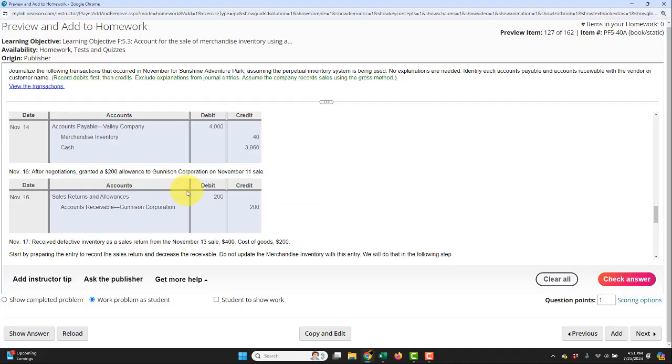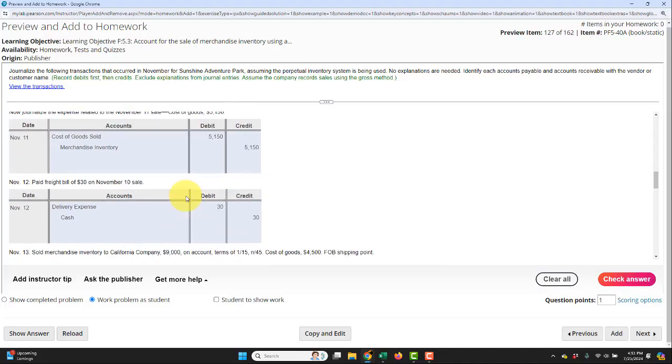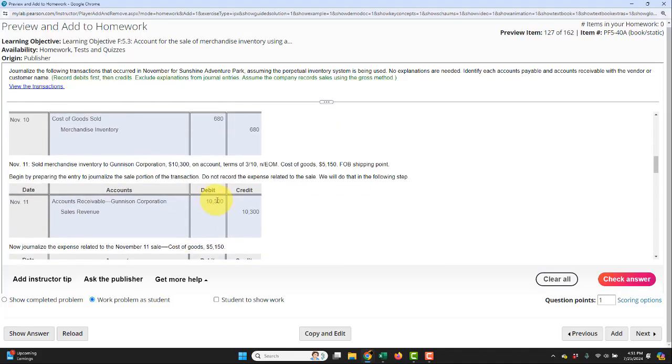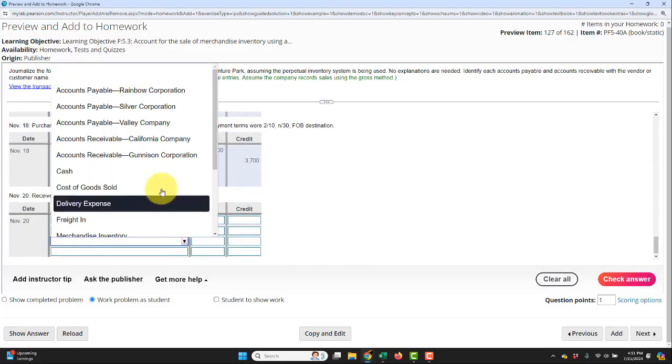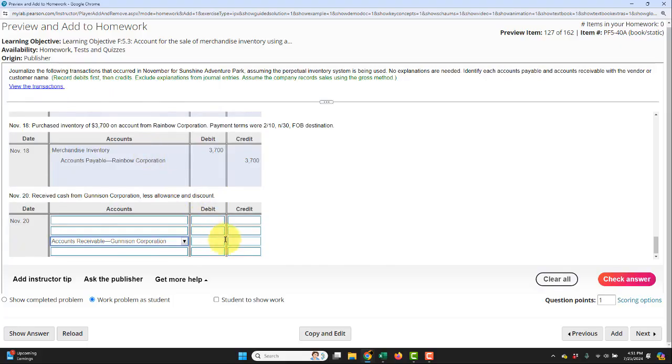They started off with 10,300, and then we reduced this receivable by 200. So they only owe us 10,100. So we know we're going to have to credit their receivable 10,100, because that was our debit balance for this account receivable. So this is going to be credited.